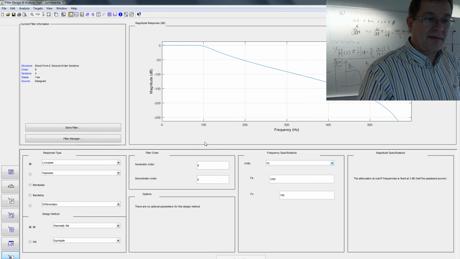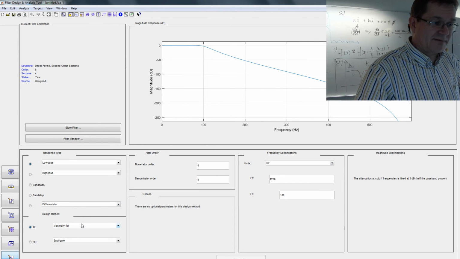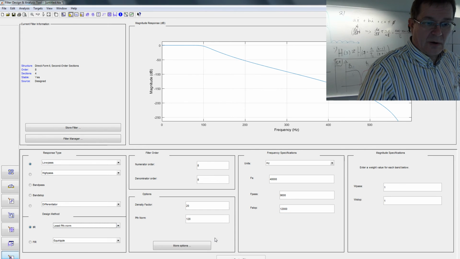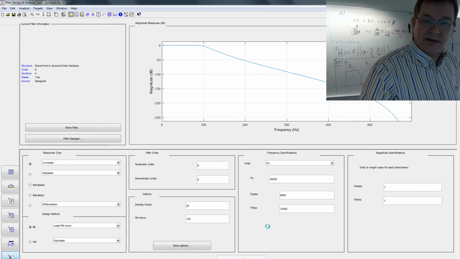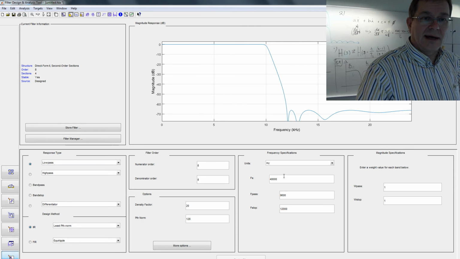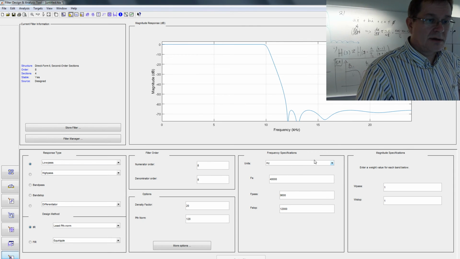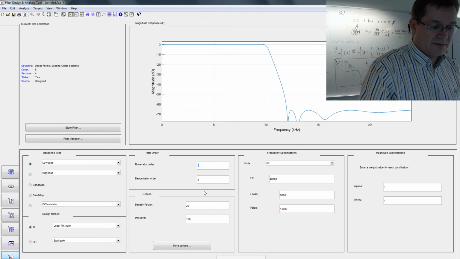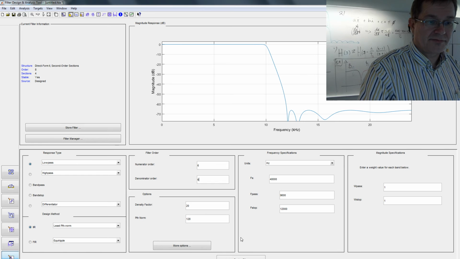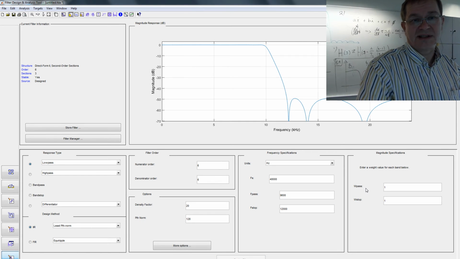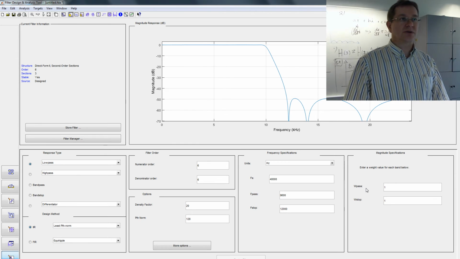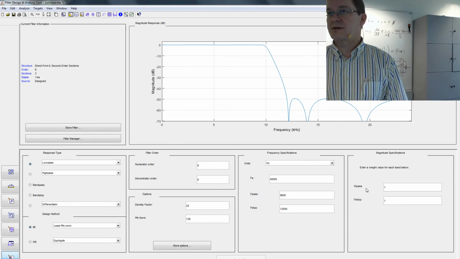It thinks for a while, and then you get this kind of maximally flat filter, or, well, there are all sorts of nice filters that you can actually play with. And okay, different order numbers. What does it do? And yeah, so that's a perfect tool to play with and design filters.